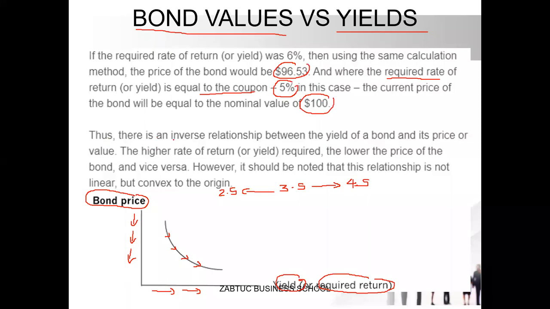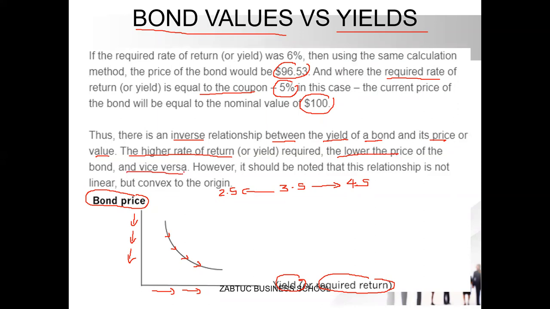Conclusion, there is an inverse relationship between the yield of a bond and its price or value. The higher the rate of return or interest rates, the lower the price of the bond. And the opposite will be true.